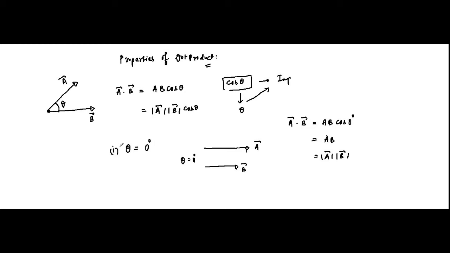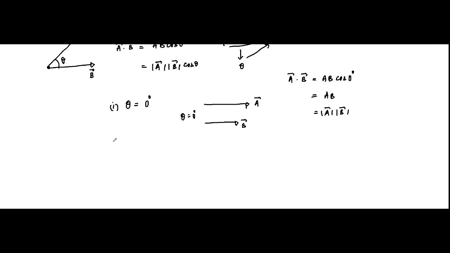Okay, then we have another case when theta is equal to 180 degree. So this is the situation where the vectors are in the opposite direction. Theta is equal to 180 degree.